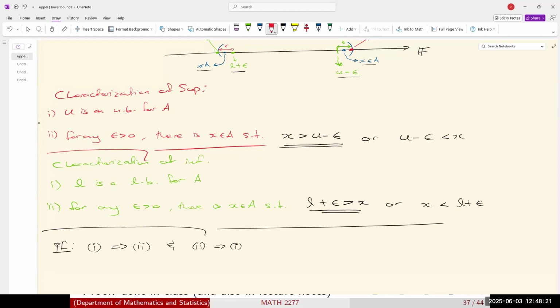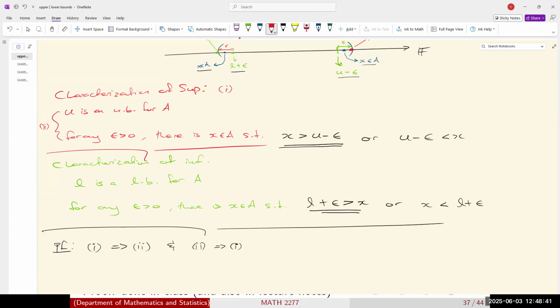Condition 1 and 2, these should be one condition. Let me write it like this. Sorry about that. This should be one. At least we're following the notes, right? So this is condition 2. Both of them together is a condition.